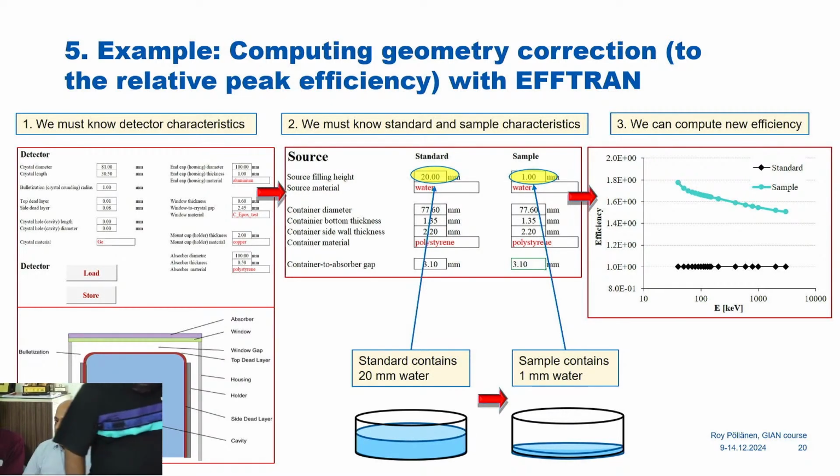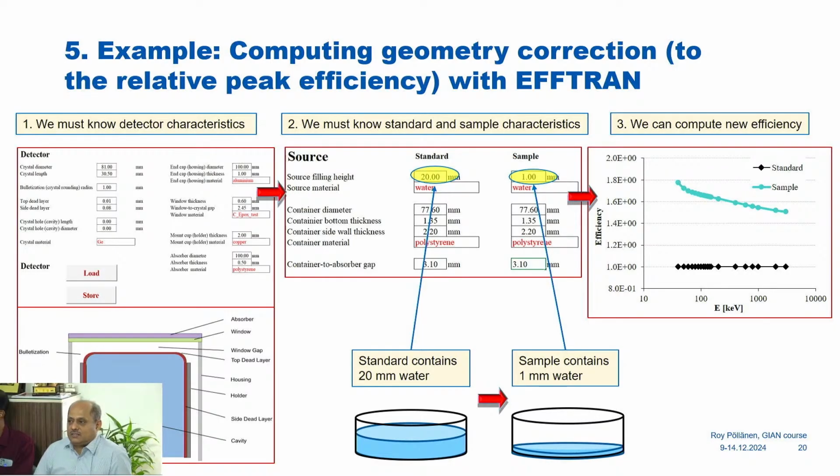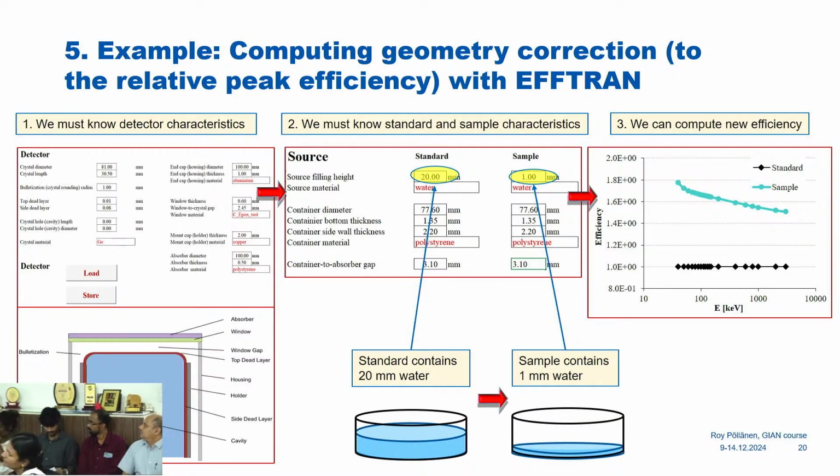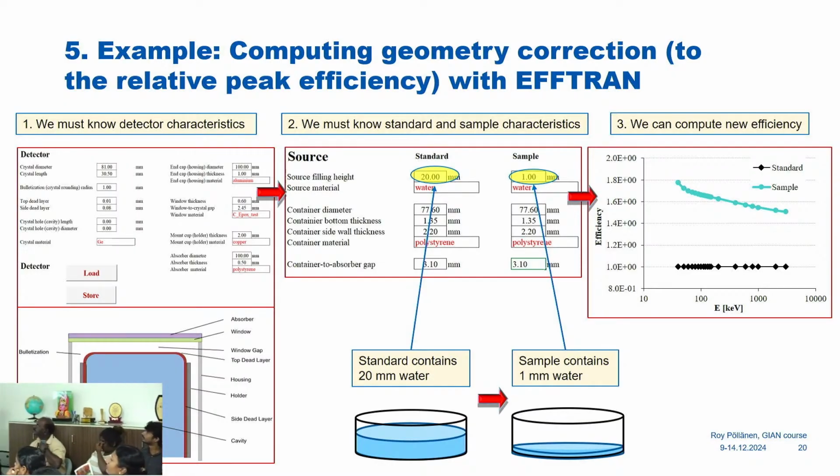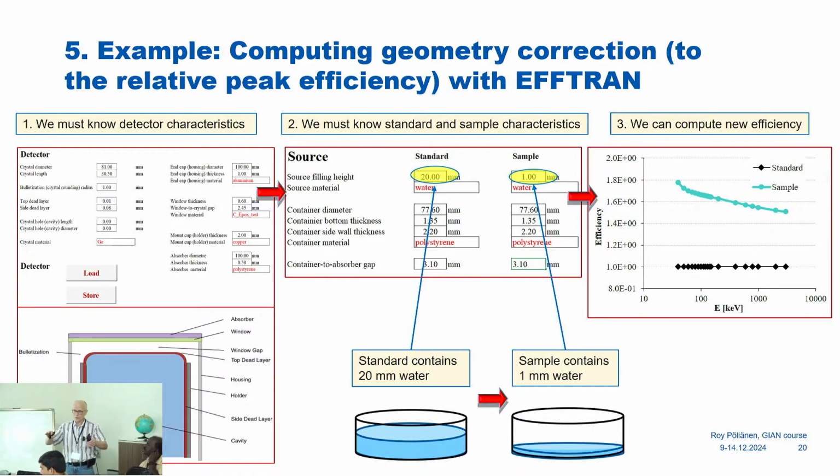It is very important. But please note that there are several other programs that can calculate efficiency transfer, or full Monte Carlo codes. But in the case of full Monte Carlo software, the point is that you have to know very precisely the characteristics of your detectors.